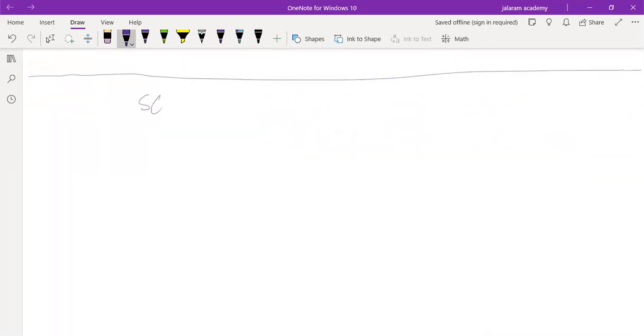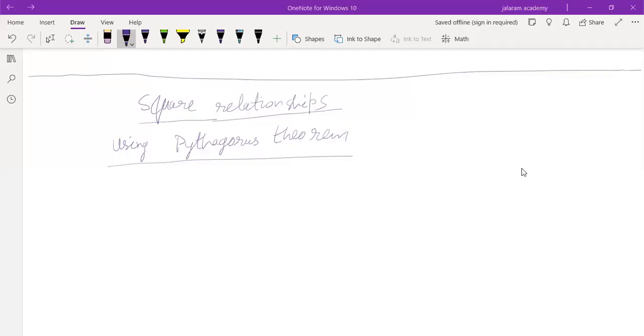Now there will be square relationships between the trigonometric ratios. They are derived by using Pythagoras theorem.